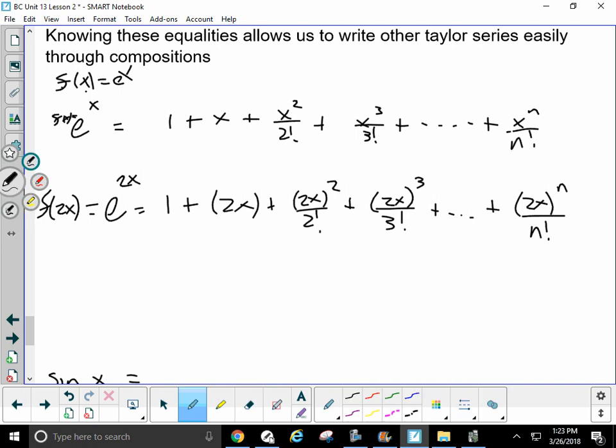Isn't that nice? Isn't that a lot easier than taking the derivative of the derivative of the derivative? Looks a lot nicer. You would get the same answer regardless of how you do it.